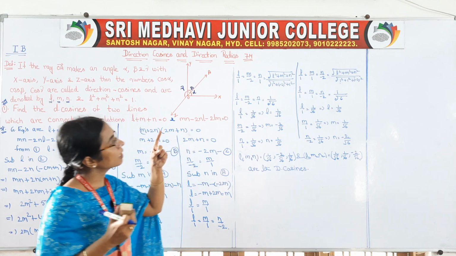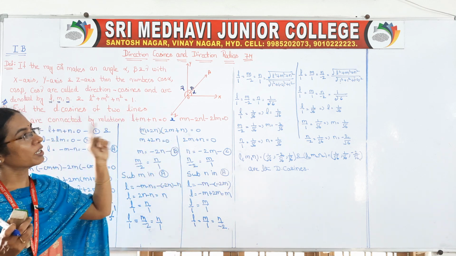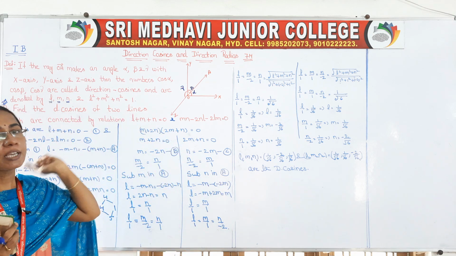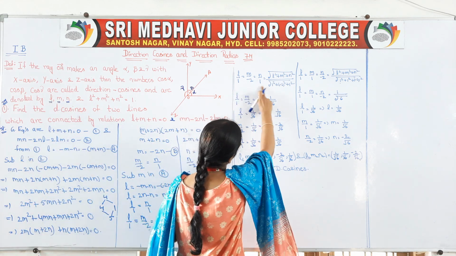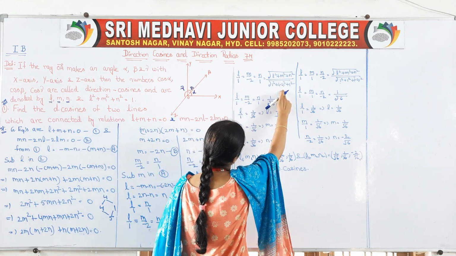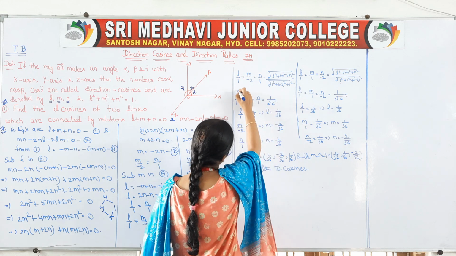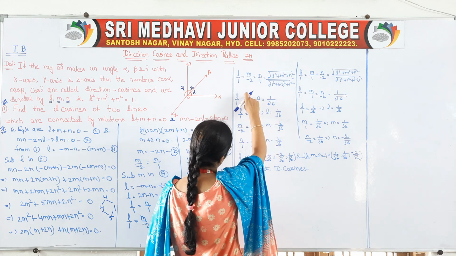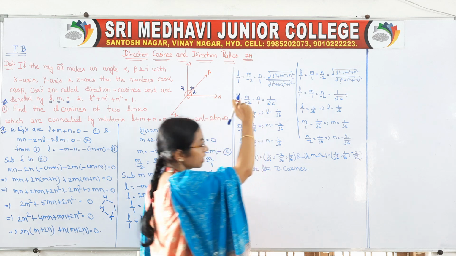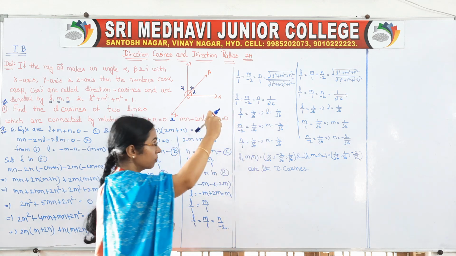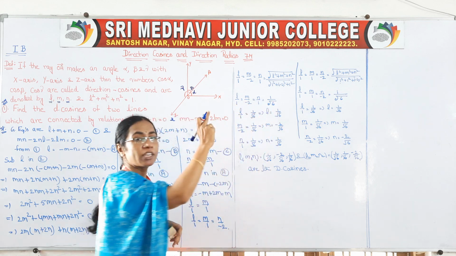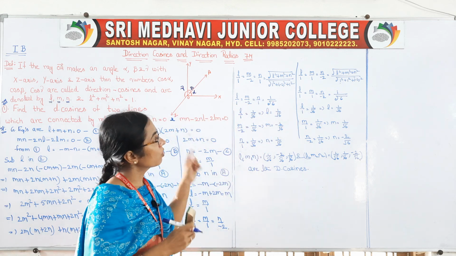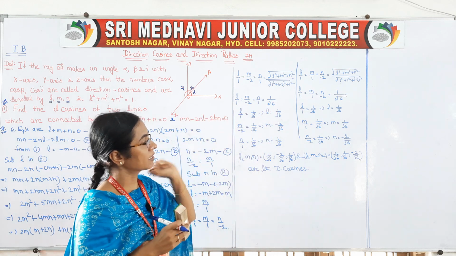Once we have that, take the square root of l square plus m square plus n square. Downwards it is the square root of 1 square plus minus 2 square plus 1 square, which is root 6. Taking the l term and the constant term, you get the l value; taking the m term and constant, you get the m value; taking the n term and constant, you get your n value. The same thing applies to the other side.